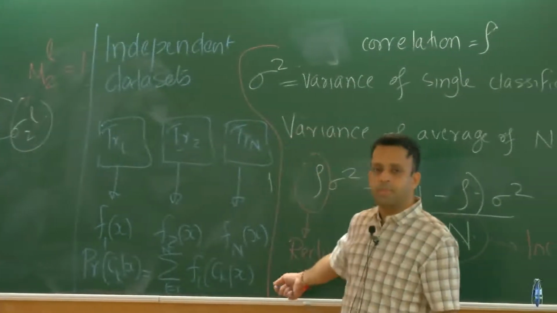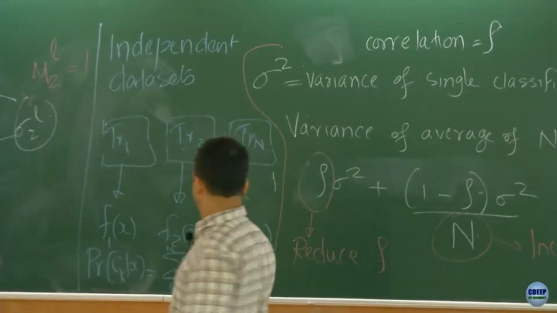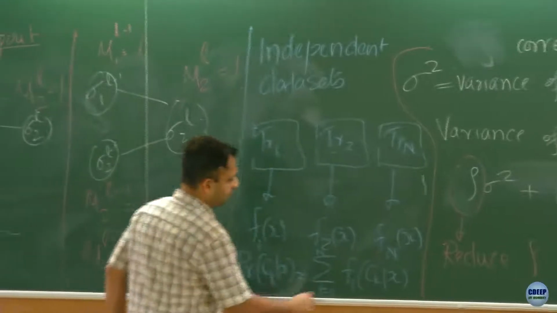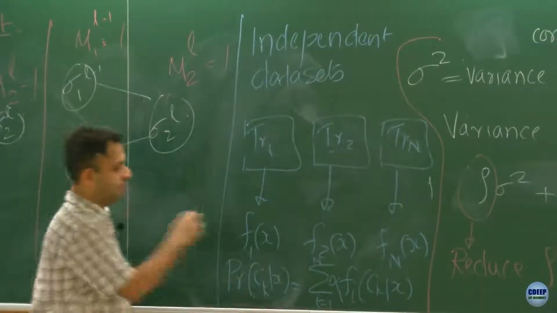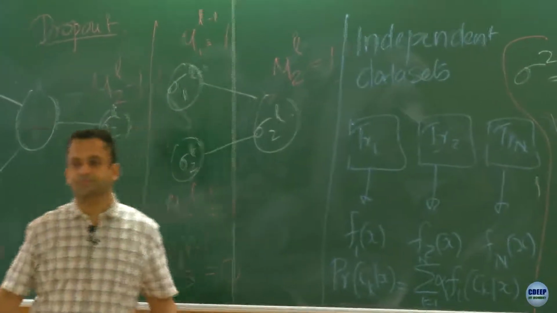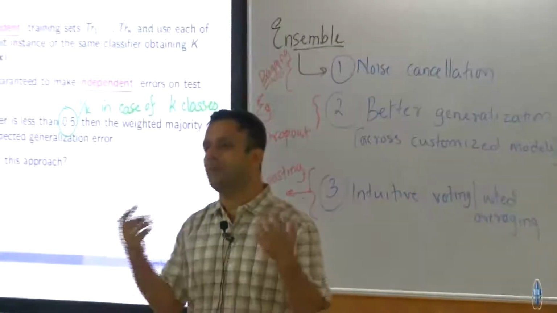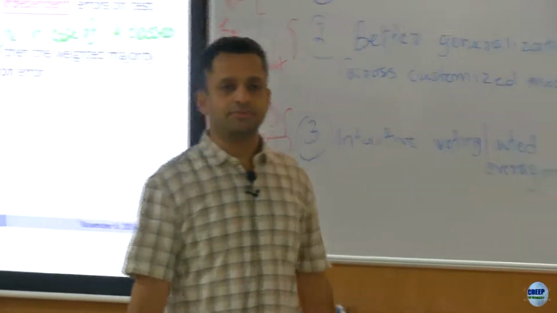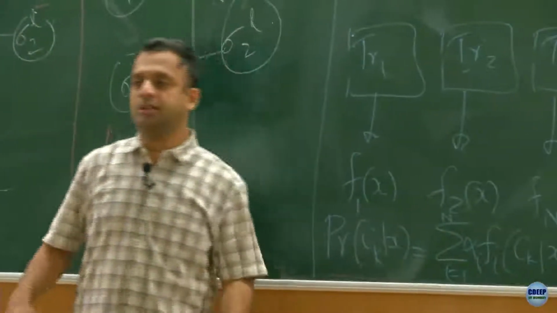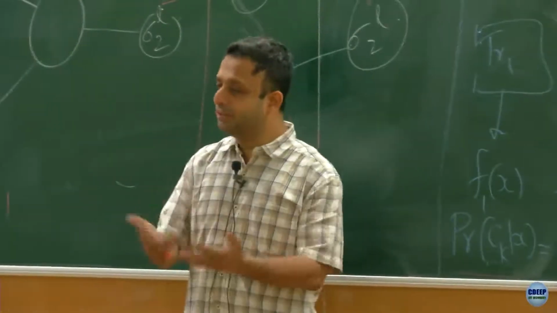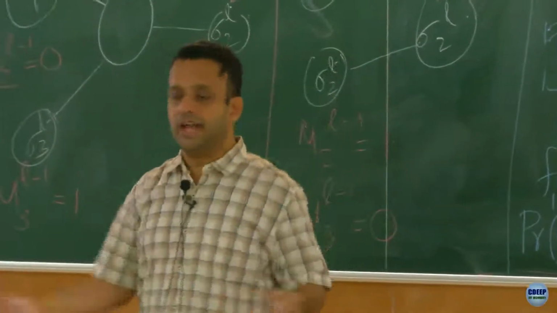And now you can do a convex combination of these to maintain the probabilistic semantics, with alpha i times fi. Alpha i, for example, could be just 1 by n. So if the fi's could give you probability values, then you could also consider this weighted average.